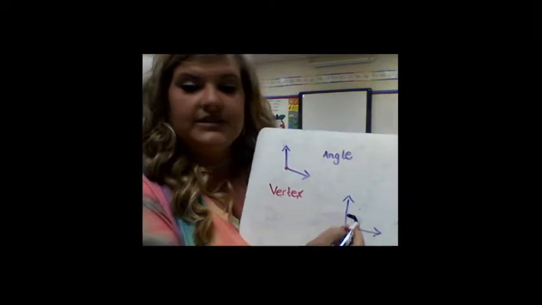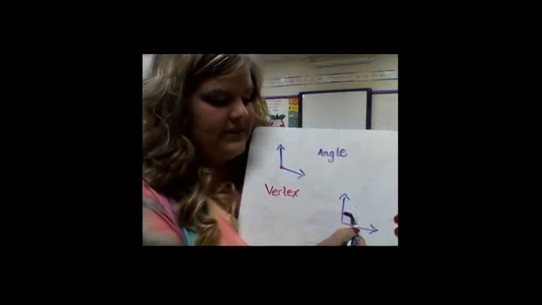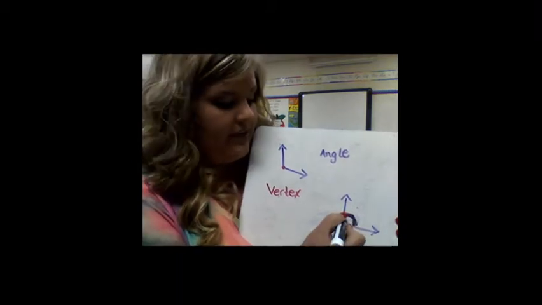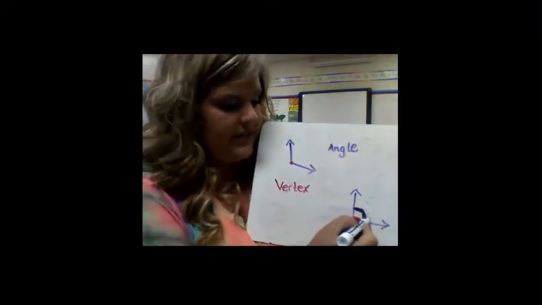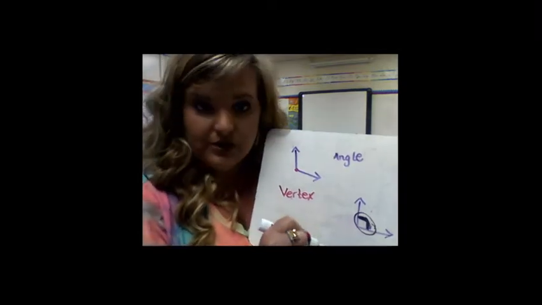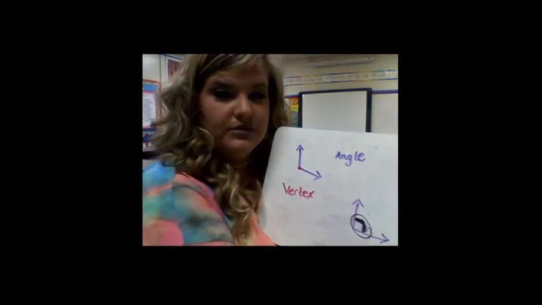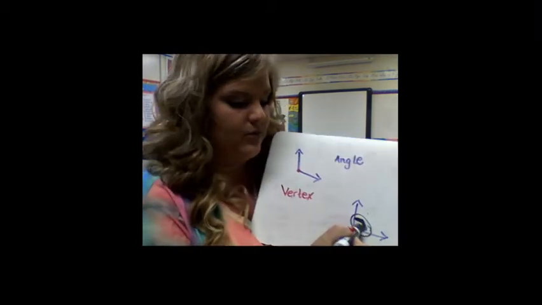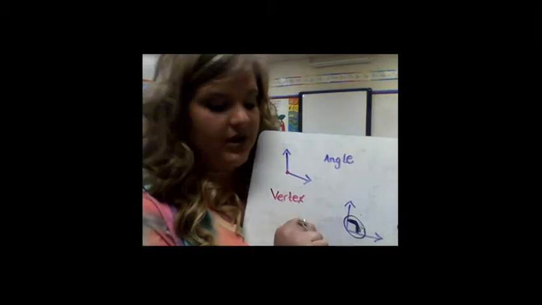To know that this is a perfect right angle, I've got to be able to know that this is a perfect L shape and that I could finish drawing a square. So anytime you see this, just know that that is a right angle. That's the most important thing you're going to see today, is to recognize that that is a right angle if you see that little square.